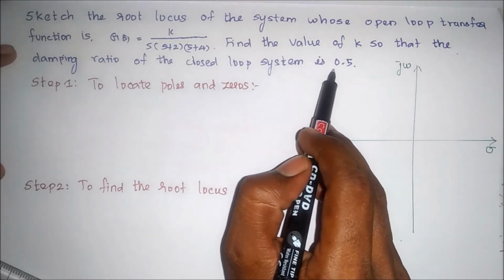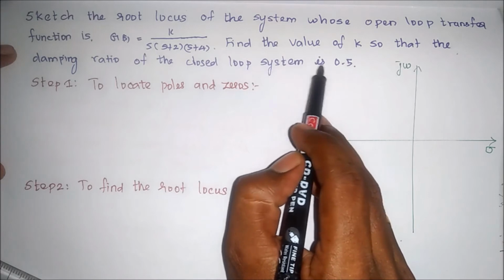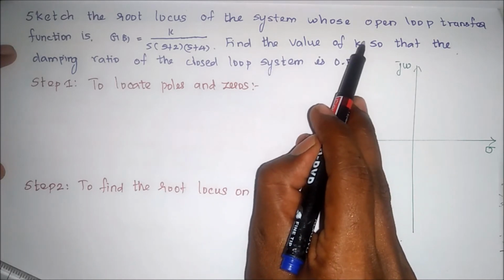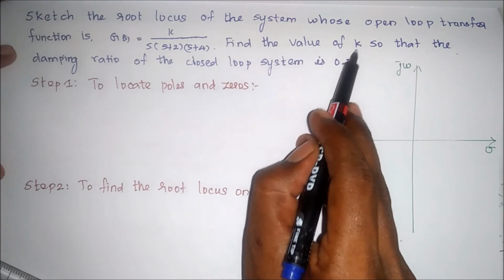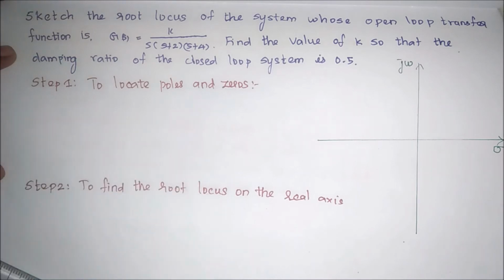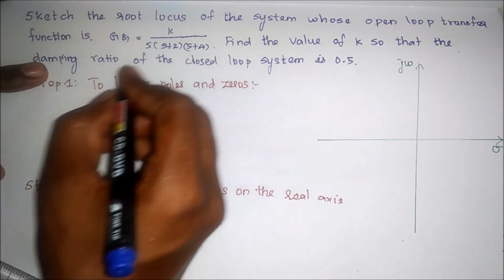After that, based on the damping ratio eta value, we have to find the value of K for the root locus. Step 1 is to locate poles and zeros. Poles are in the denominator part.